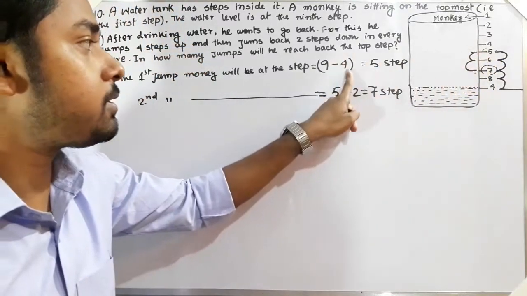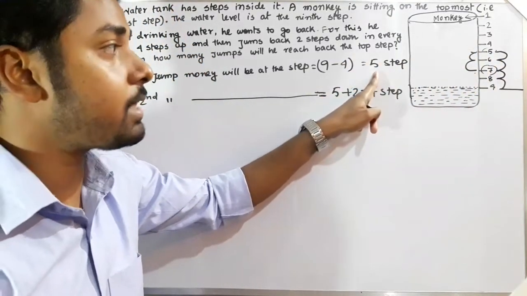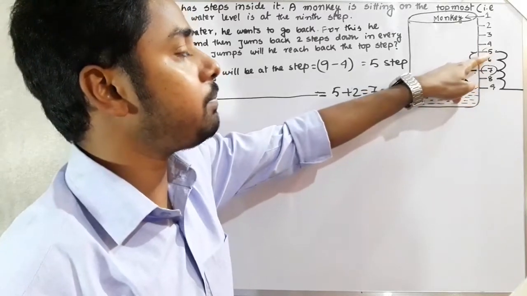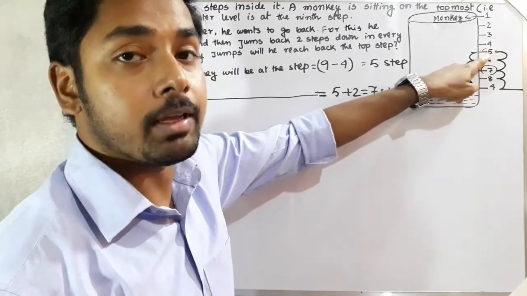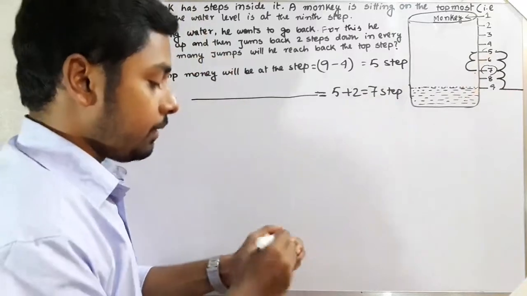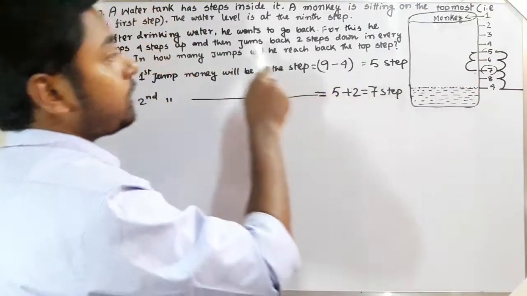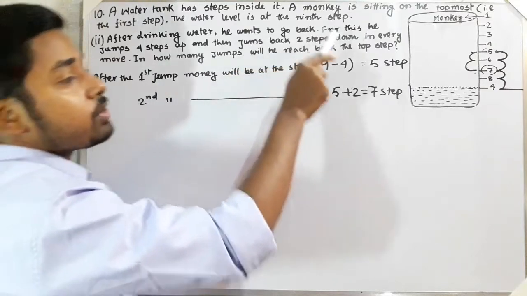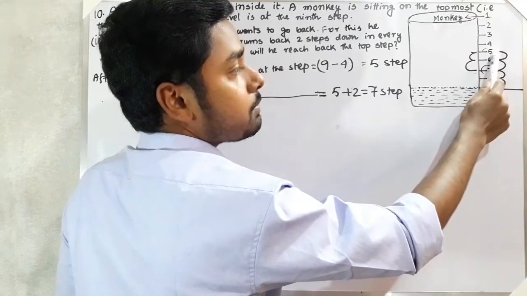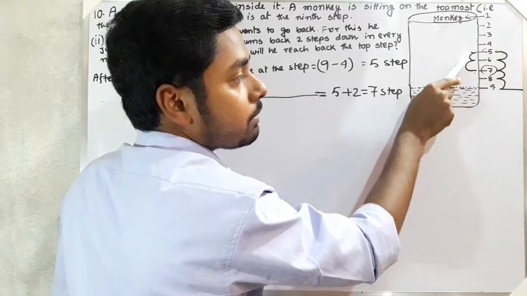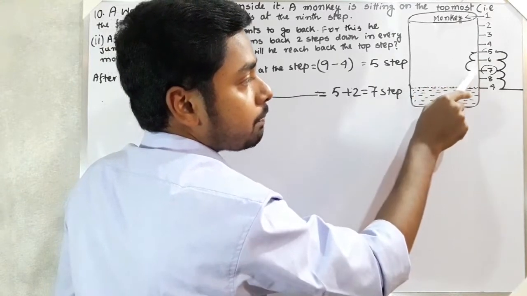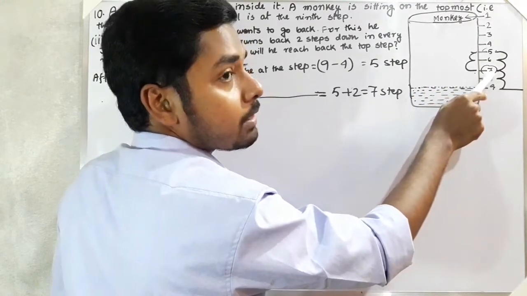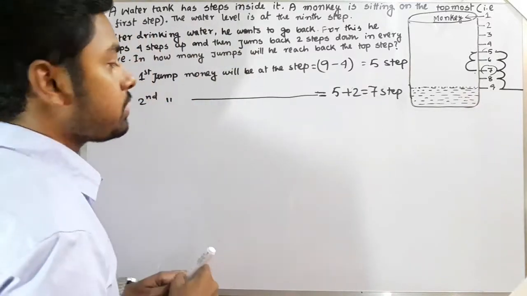That means after the first jump, he will reach 5. And after jumping 4 steps, again he jumps 2 steps back. So after reaching the 5th step, again he will jump back 2 steps. That means 5 plus 2, so the 7th step he will reach. So 5 plus 2 equals 7.